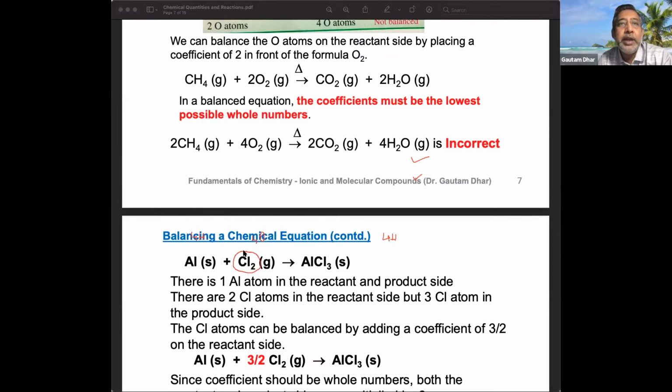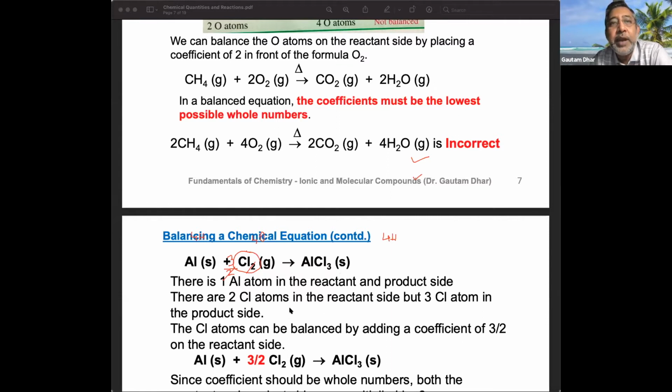So if I take 1.5 of that, that is 3 atoms. Because each is 2, if I take 1.5, that means 3 by 2. When I'm writing 3 by 2, I am using the fraction such that this 2 and this 2 cancel out, and I'm left with 3. So I'll get 3 atoms of chlorine.